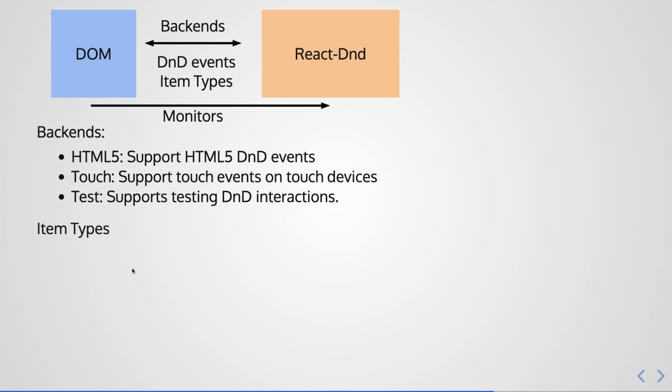The second abstraction here is something called item types. Now, for React-dnd to understand the different DOM elements that you want to drag and drop and where those elements can be dropped, the authors introduced this item type. So it's kind of the source of identity for all your D&D interactions. You can declare one DOM element to be of item type card, and that will dictate where that DOM element could be dropped, in which case maybe it will be dropped only in a list, it wouldn't be dropped on an image, or on a different drop target.